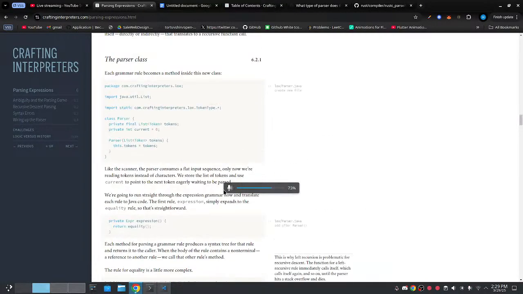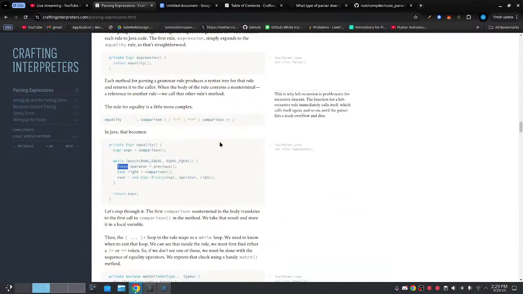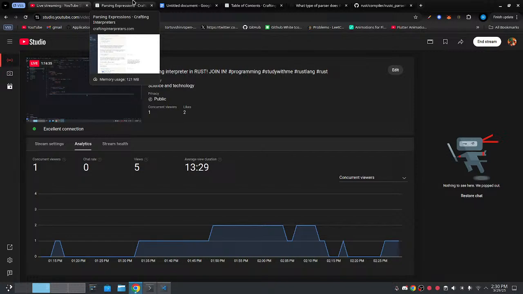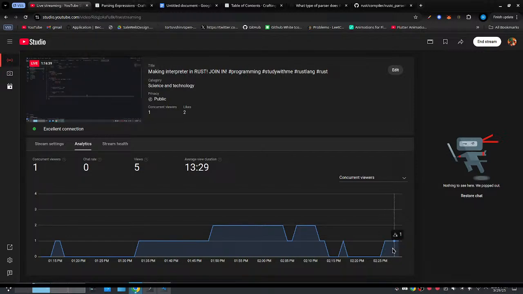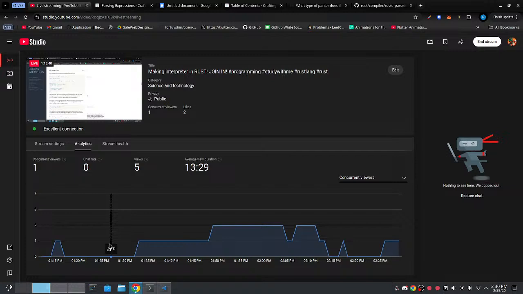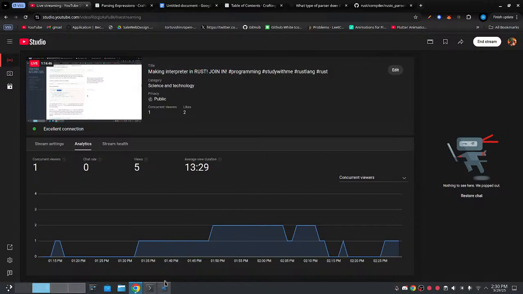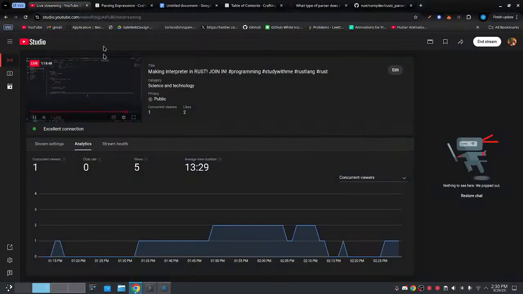Okay, let's see if we can mimic the arguments here, right? So I don't know why my screen is flickering. This shouldn't happen. There is some kind of a problem with my OS.